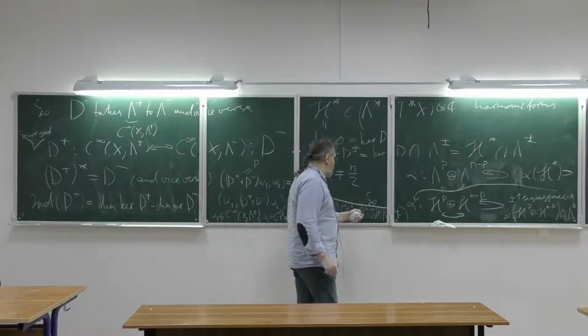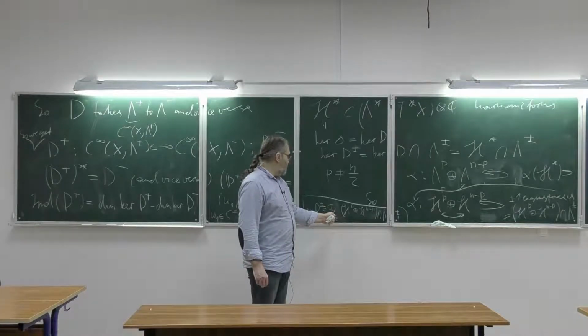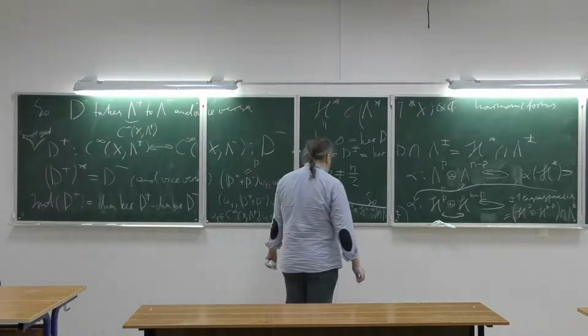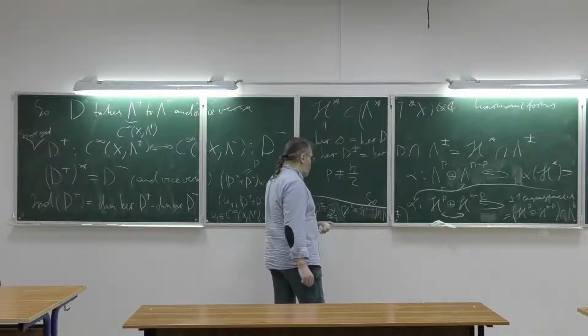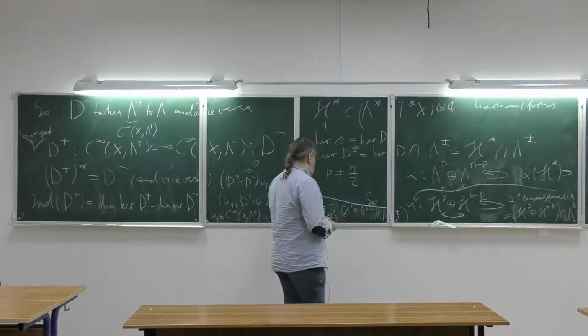Okay, now what is the kernel of D? Well, exactly. N divided by 2. So we take the space twice. Well, yes. Then for n divided by 2, we need to count it only once.